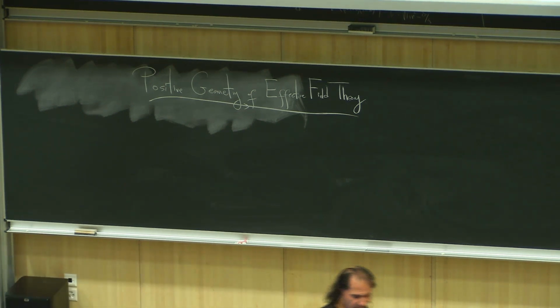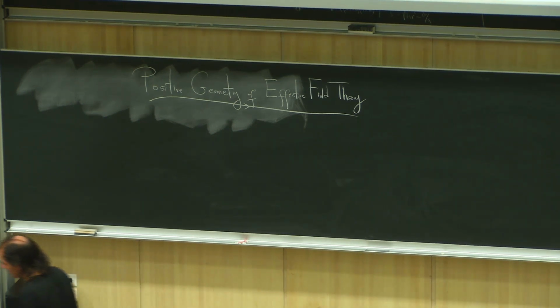I decided to give these lectures on the aspect that has shown up in effective field theory. So think of this as a kind of aperitif or an appetizer to get a peek into what some of these ideas are about.